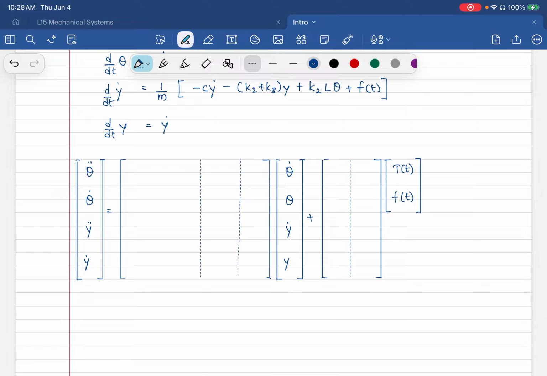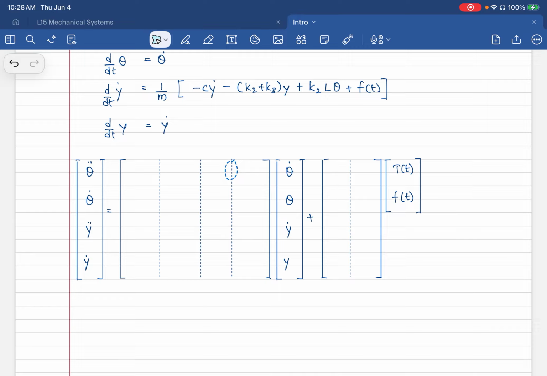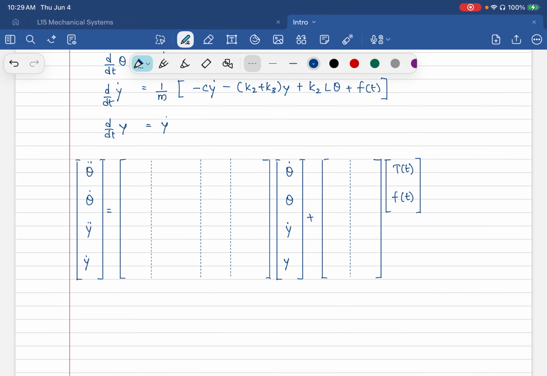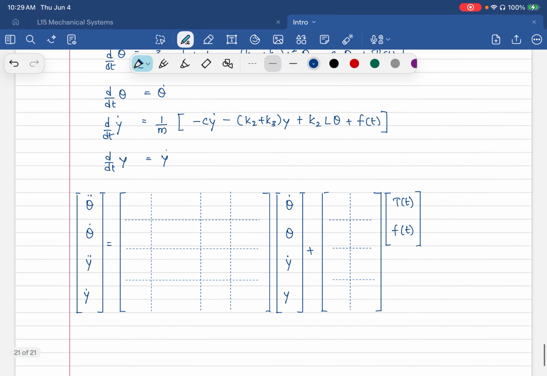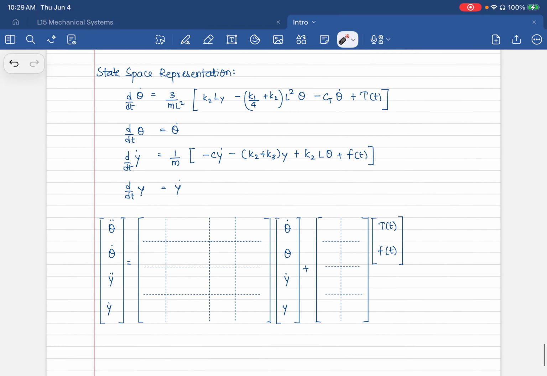That's why I'm drawing these guidelines. Okay, we're just going to carefully write down what are the coefficients of each.